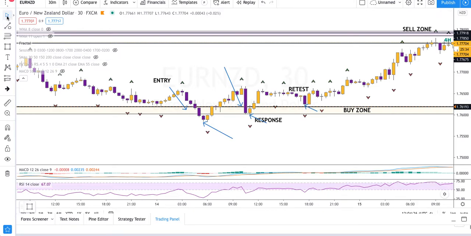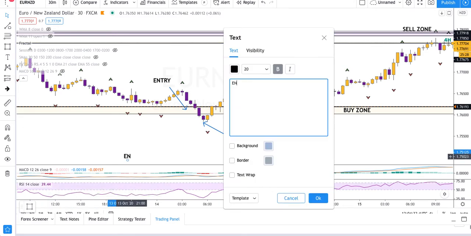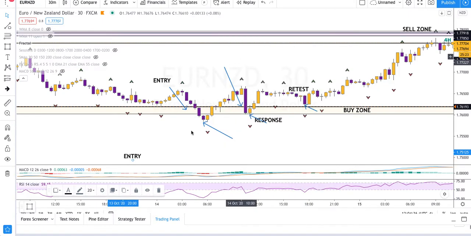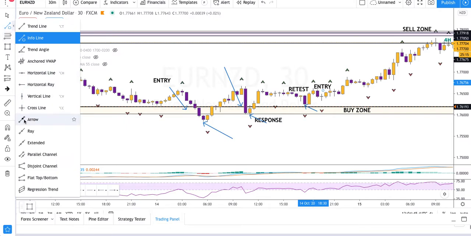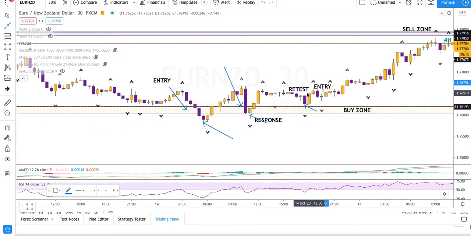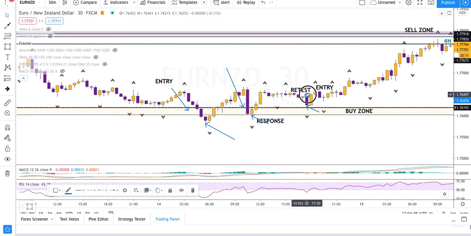And I'll also go ahead and put entry so you know exactly where I'm talking about, because I'm telling you, this is where I always struggled, wanting to know, well, where do I enter? So you want to enter right here. You want to enter right above this candle. Okay. All right.